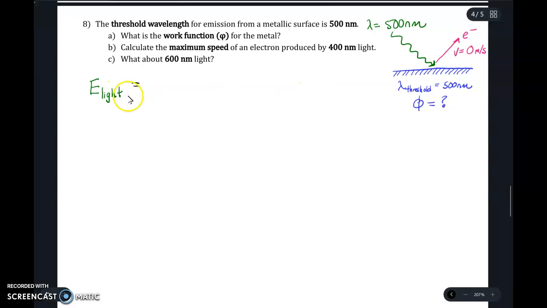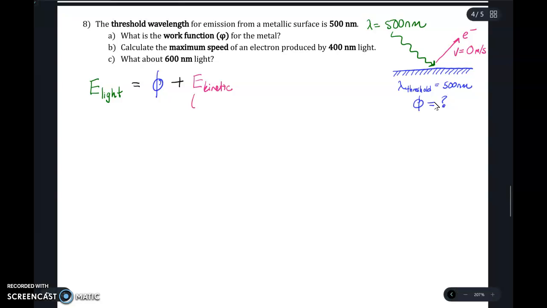So if the energy coming in from the light represents all the energy we have available, and that energy is going to go into these two pieces, the work function and the kinetic energy, then really what we're saying is that the energy of the light is equal to the work function plus the kinetic energy that the electron's going to have if there's energy left over, right?